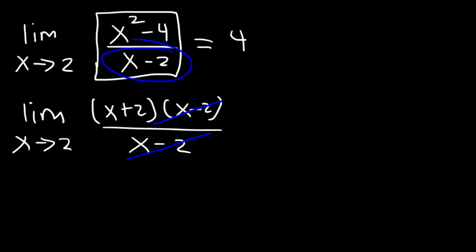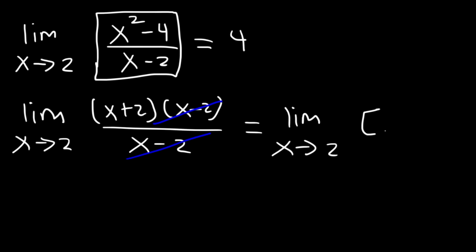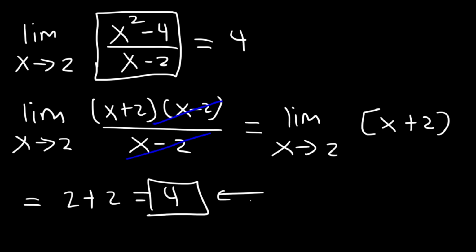So when this term is gone, we can now use direct substitution, because the x minus 2 factor was giving us a 0 in the denominator, which we don't want. So now all we need to do is find the limit as x approaches 2 of x plus 2. Now we can replace x with 2, and 2 plus 2 is 4. And so that's the limit. It approaches a value of 4.